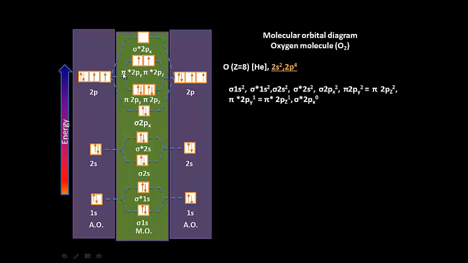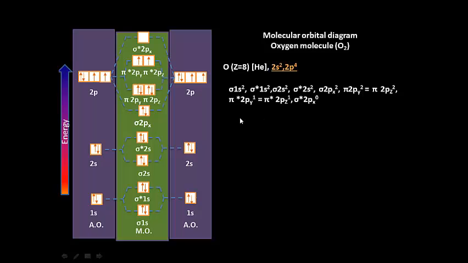This is because pi star 2py and pi star 2pz are of equal energy. Here, sigma star 2px has no electron, so it is sigma star 2px 0.